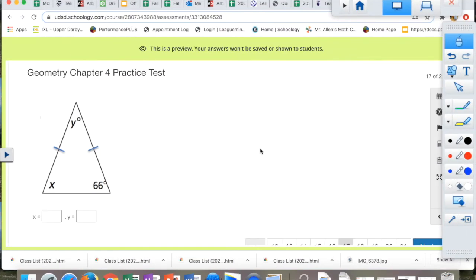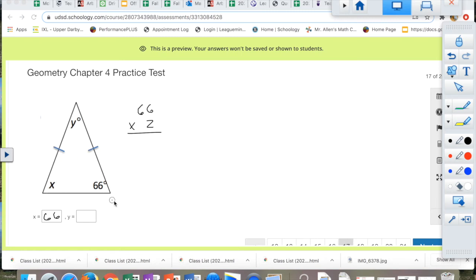Another isosceles triangle, right? Well, this one's sort of reversed. Before, they gave me the vertex angle and I worked my way to find the base angles. I subtracted this from 180 and then divided the difference by 2 to find out these two base angles. Now I know the base angles, so I'm just going to do the reverse process. I'm going to take 66 and multiply it by 2, because I know x is 66 over here, because these two are the base angles, opposite the two congruent sides.